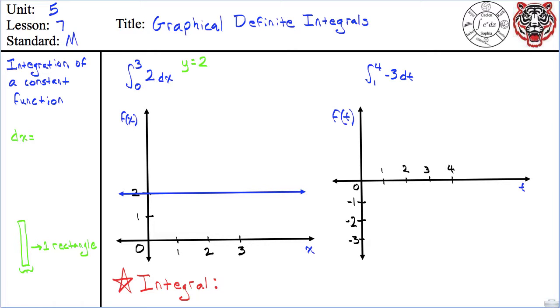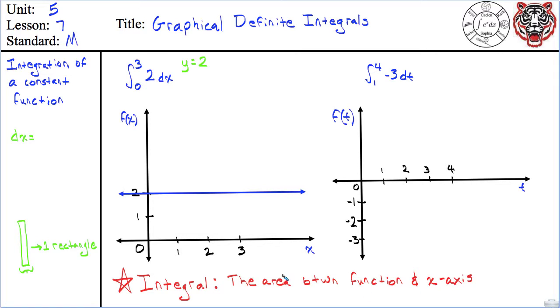And that is a little bit new for us, and I'm going to write this down in advance. When I'm asking for the integral, remember when I say integral, that means definite integral by default. Another way of thinking about this in terms of graphical definite integrals is the integral is the area between the function and the x-axis.